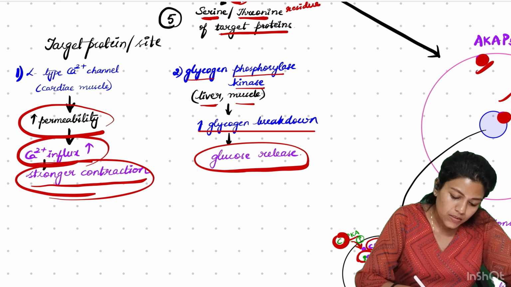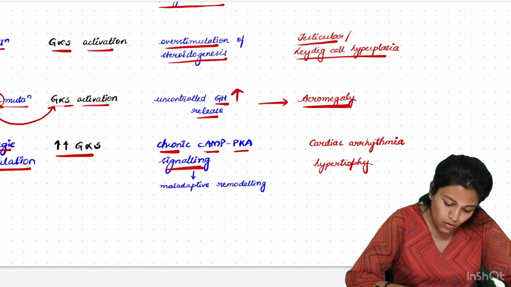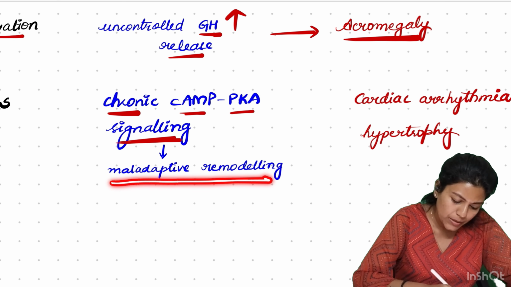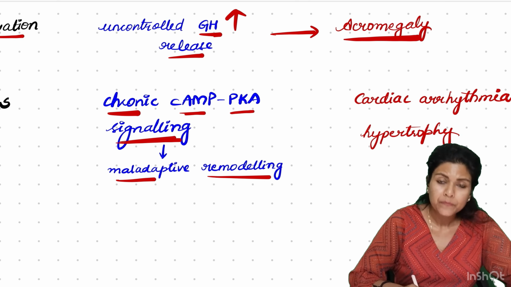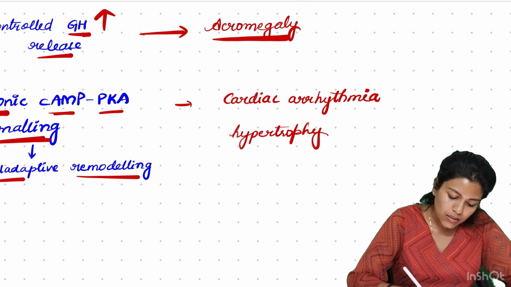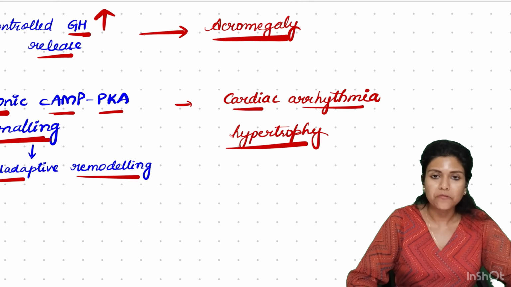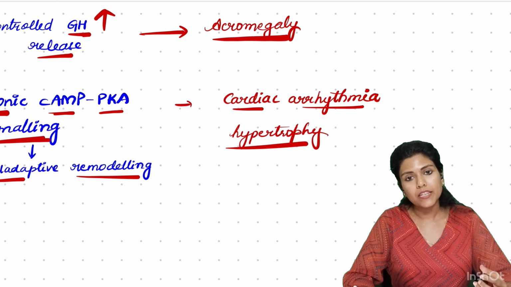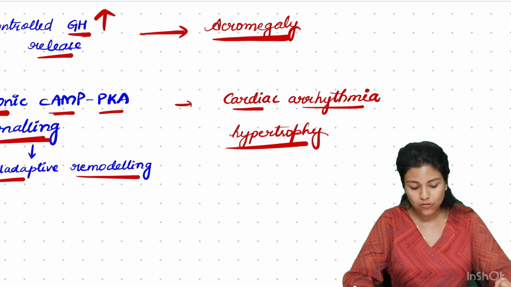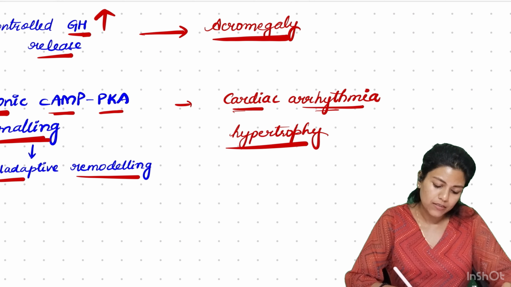Whenever the signaling is continuously active, more and more stronger contractions happen, leading to maladaptive remodeling. It will lead to cardiac arrhythmias and hypertrophy, because the ventricle muscle will increase in size because of strong continuous contractions, and cardiac arrhythmias.